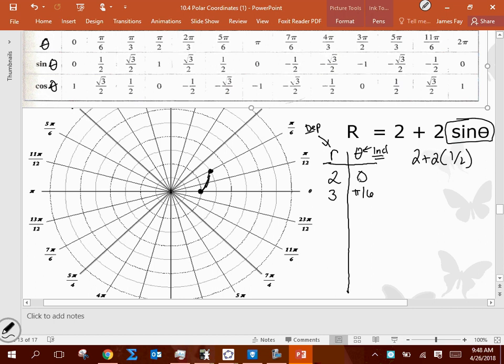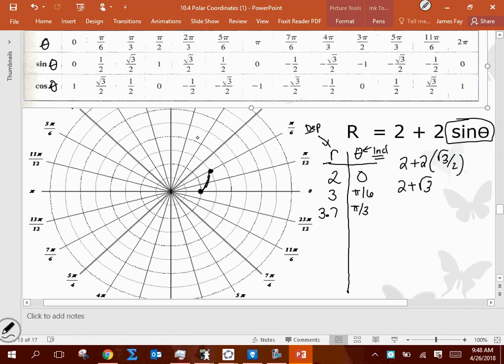I'm then going to try the next one, which is pi over 3. So I get 2 plus 2 times sine of pi over 3, which is radical 3 over 2. So that gives me 2 plus radical 3, which I'm just going to ballpark. That's about 3.73.